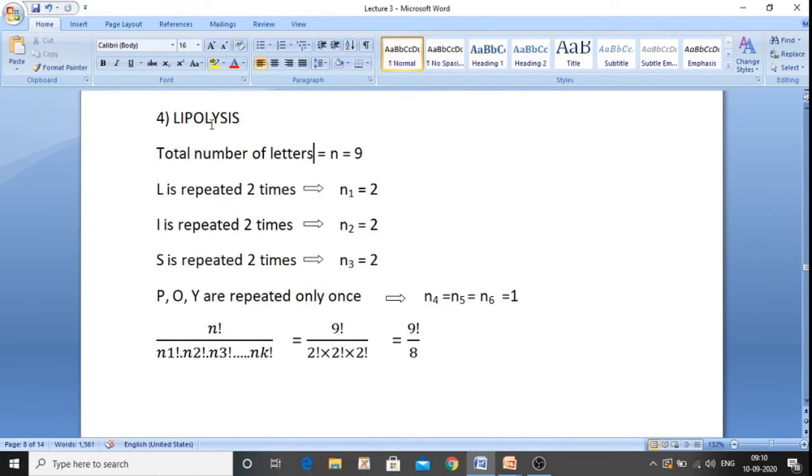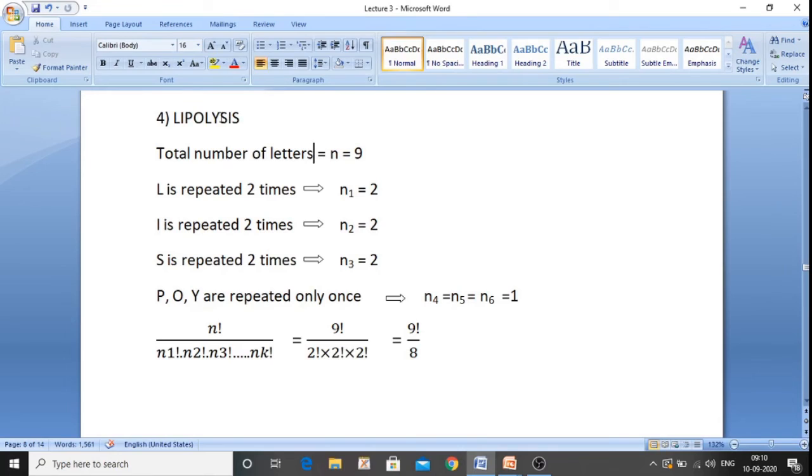Now see the next one, that is lipolysis. Now the total number of letters, that is n, is equal to 9. Here which letters are repeated? L is repeated 2 times. Therefore n1 is equal to 2. Then I is repeated 2 times.